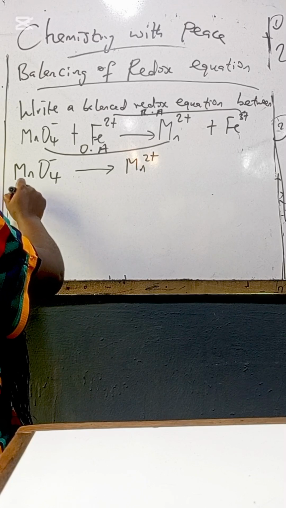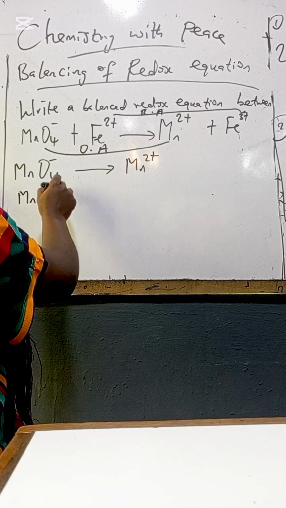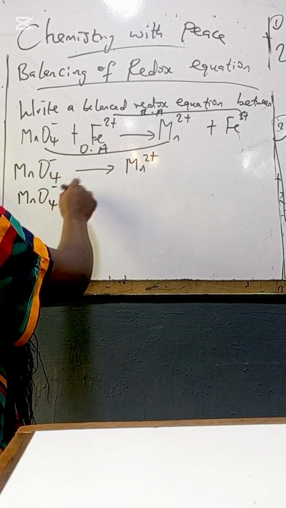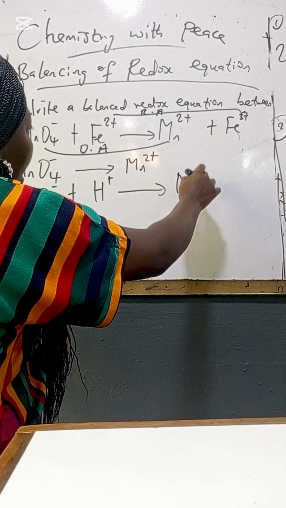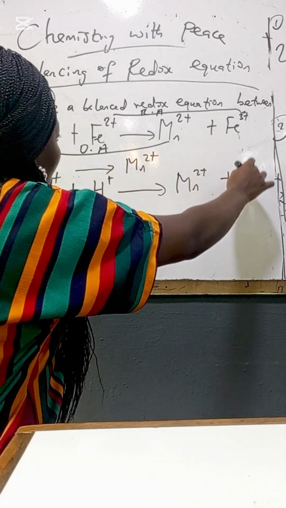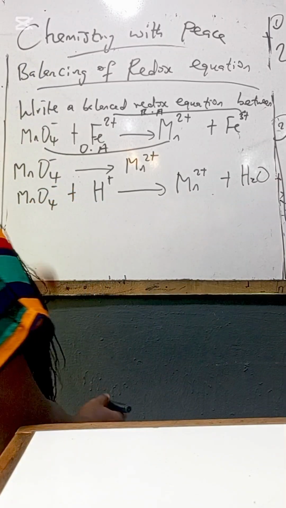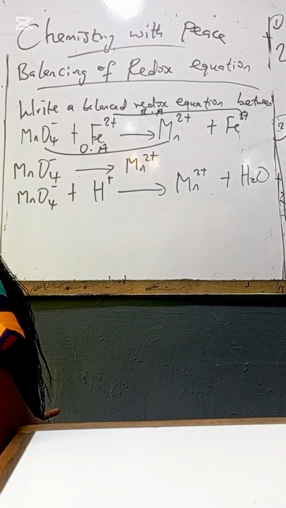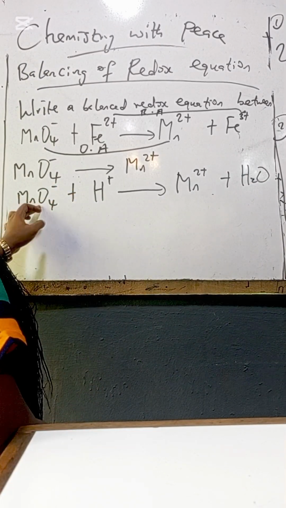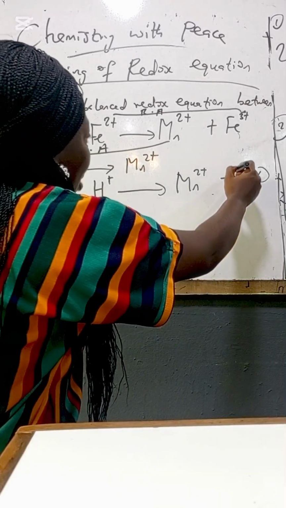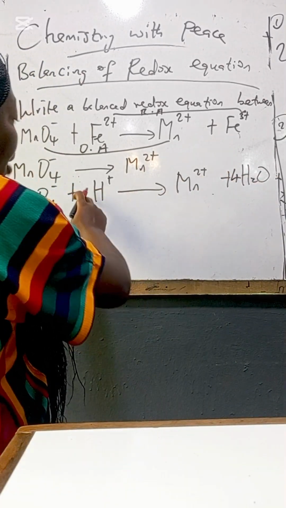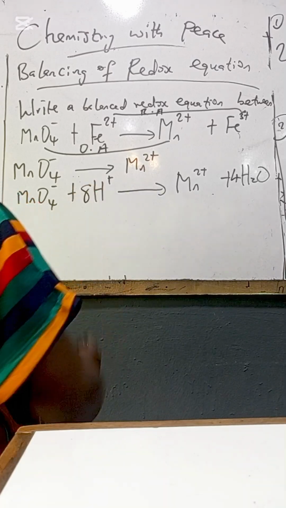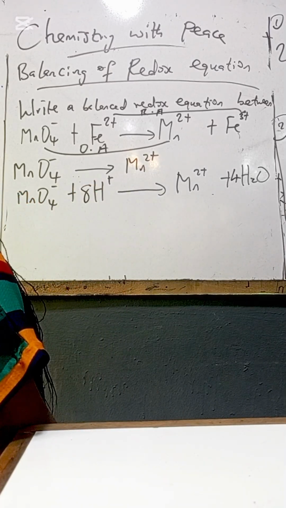And with that, we are going to have MnO4 minus plus hydrogen ion to give us Mn2 plus and water. At this point, we are going to check if it's balanced or not. We have 4 oxygen here, so we have to add 4 moles of water here. Adding 4 waters makes hydrogen to be 8, so we have to balance that hydrogen to be 8.